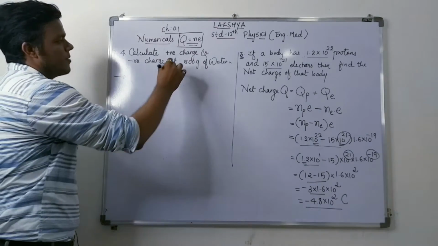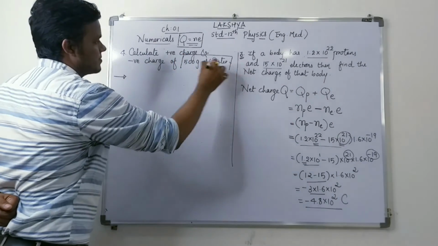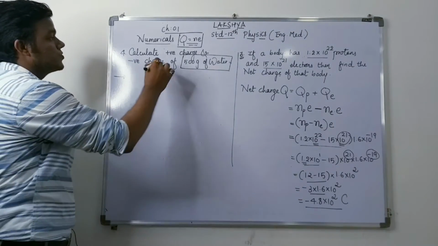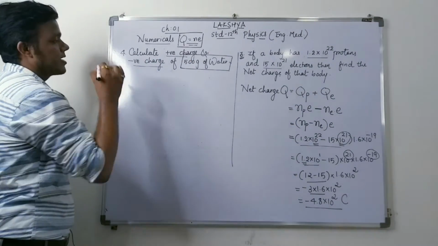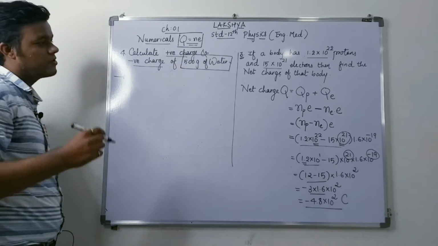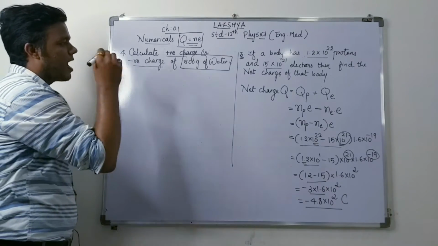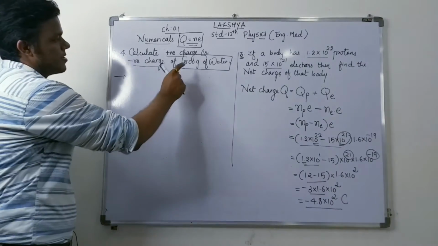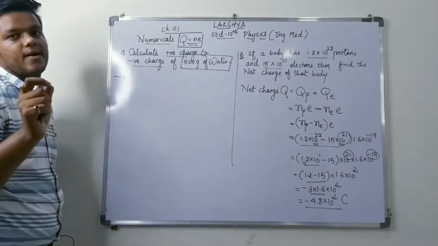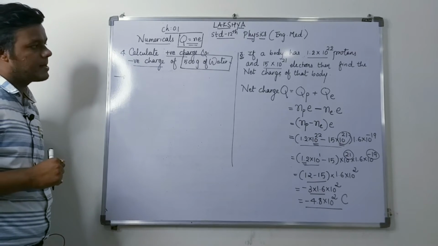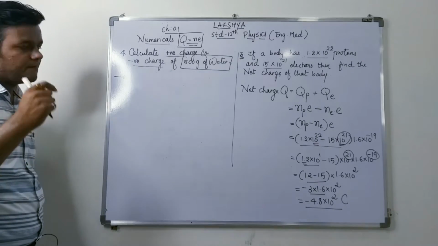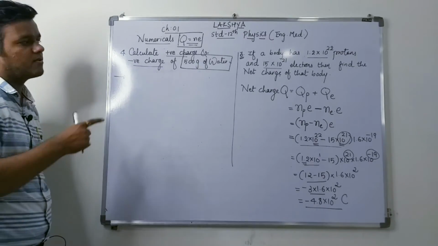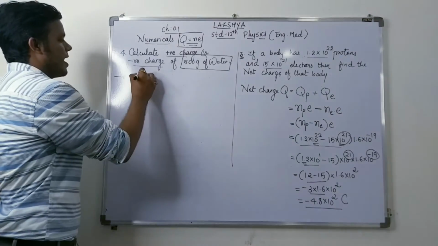Now here mass of water is given, which is 500 gram, and we have to calculate positive charge and negative charge. So first of all, we will have to calculate how many electrons or how many protons this water has.